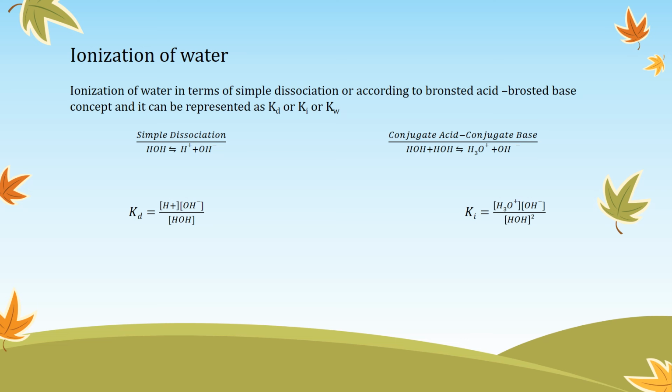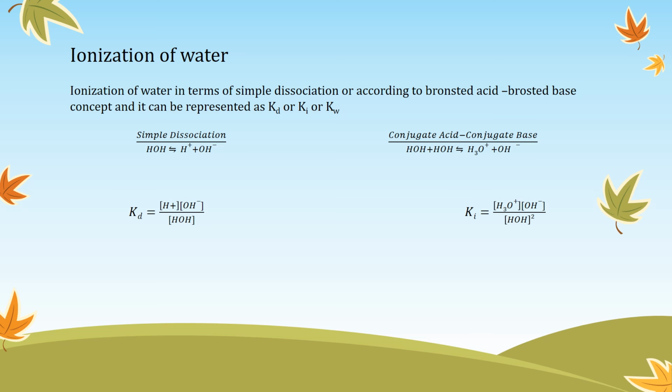The water molecule you can consider as an acid and a base. So two water molecules will be taking part in ionization, and one hydronium ion and one hydroxyl ion will be produced. So in these two ways you can represent ionization of water. In one case it is a simple dissociation, so the dissociation constant you can calculate as concentration of hydrogen ion times concentration of hydroxyl ion divided by concentration of water molecule.